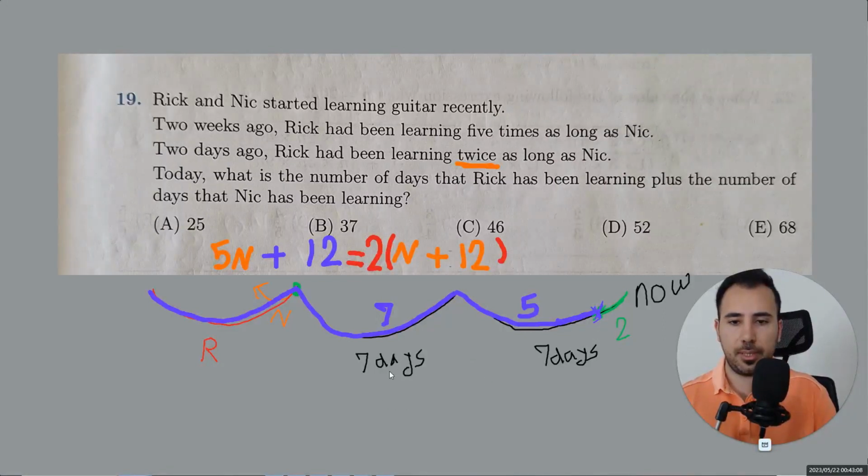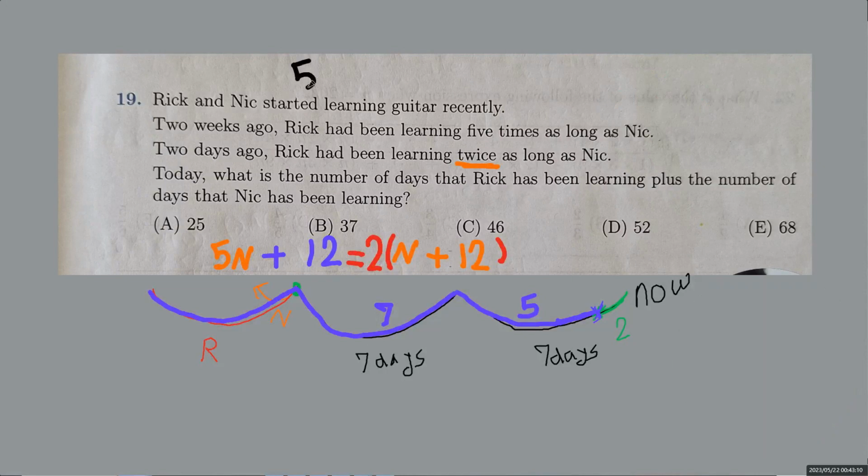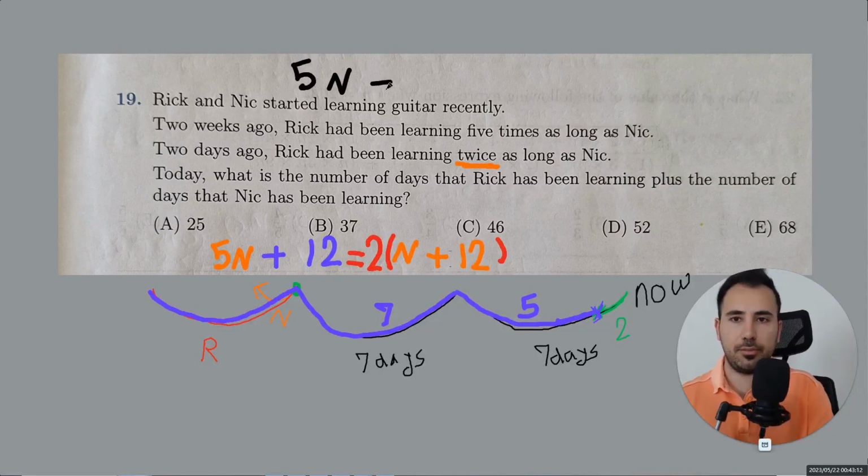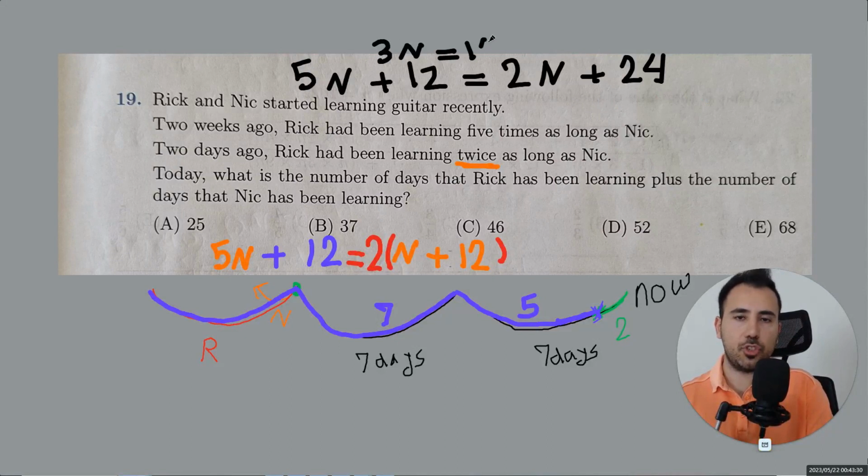So 5n plus 12 equals 2n plus 24. So we're going to have 3n equals 12. So, okay, we're going to have n equals 4 days. So n is 4.